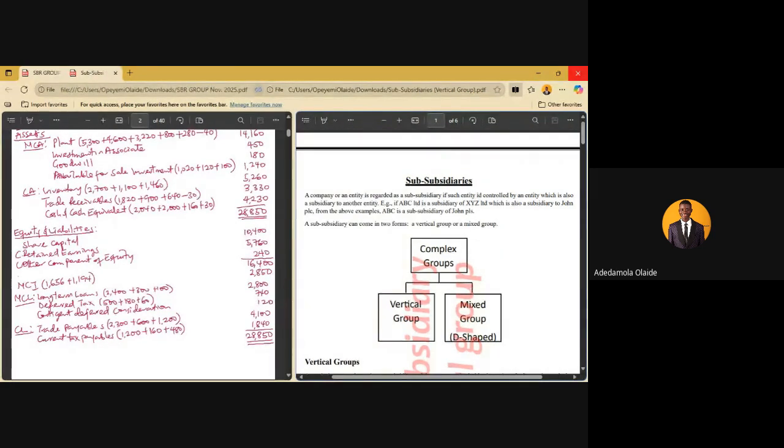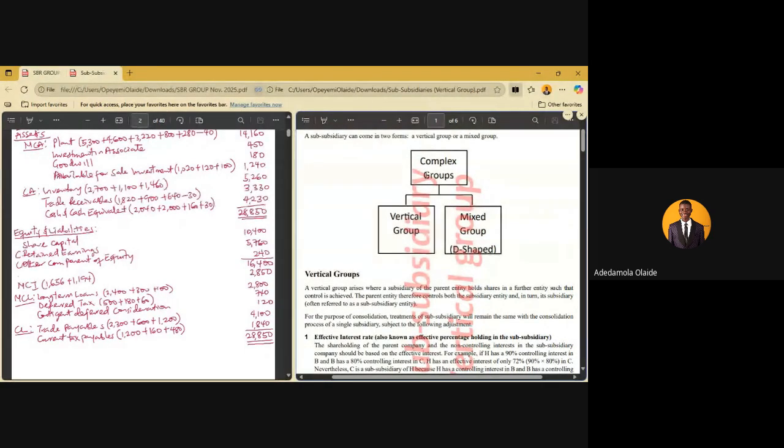So where we have company A as ultimate parent owning company B, while company B owns company C, then company C is seen as a subsidiary.